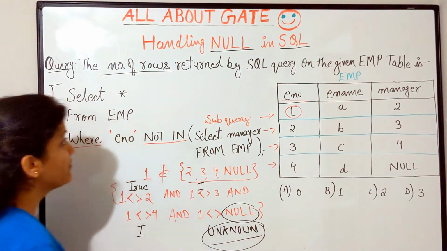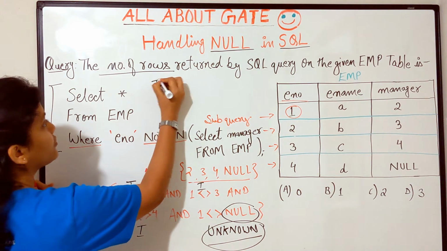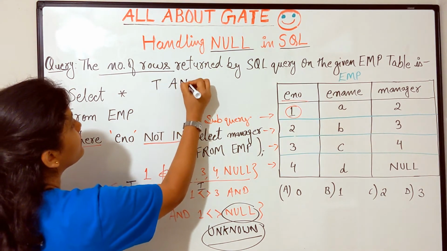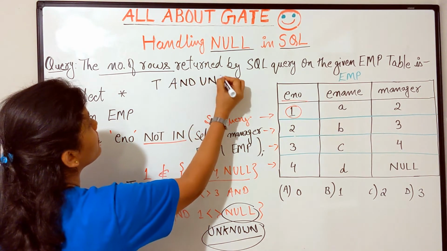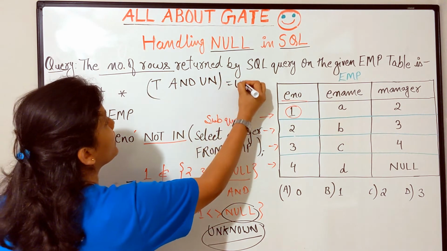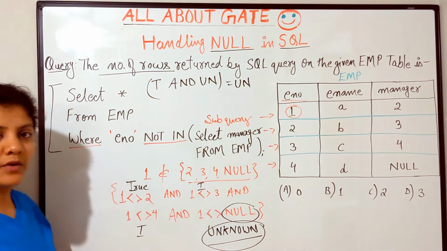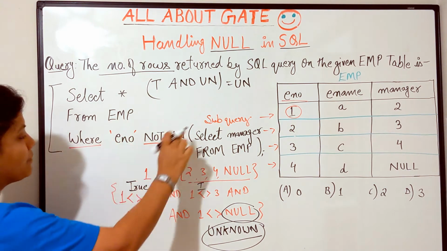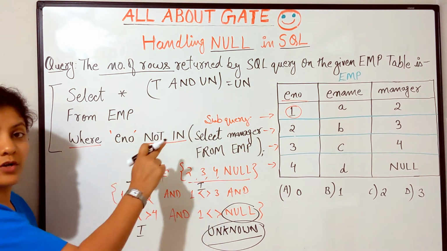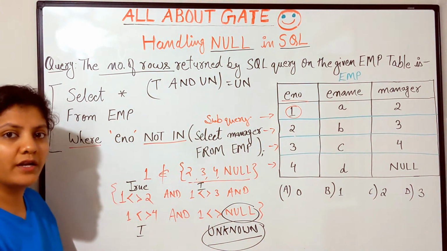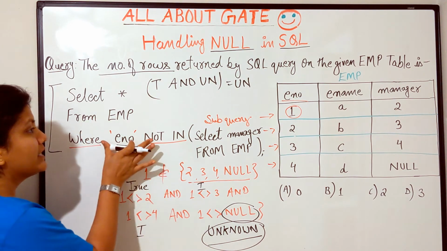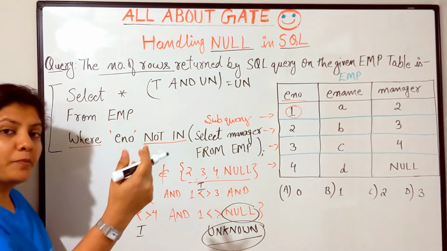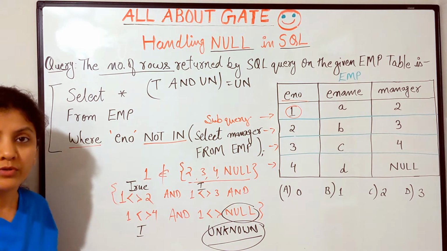For that you need to understand that true AND unknown is nothing but unknown. And once the where clause results in unknown for that particular tuple, that simply means that tuple will not be selected in your final output.